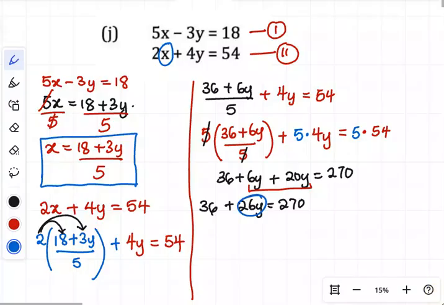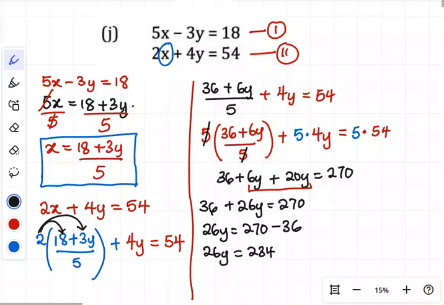So I want to isolate 26y here. Now we have 26y equals 270 minus 36, and 270 minus 36 should give me 234. So I have 26y equals 234.